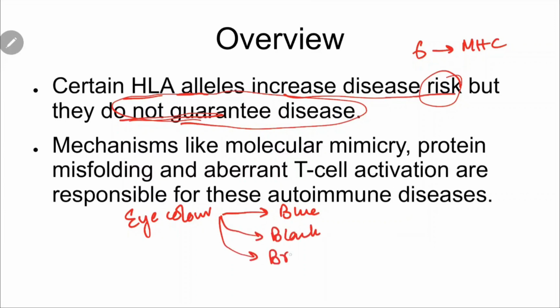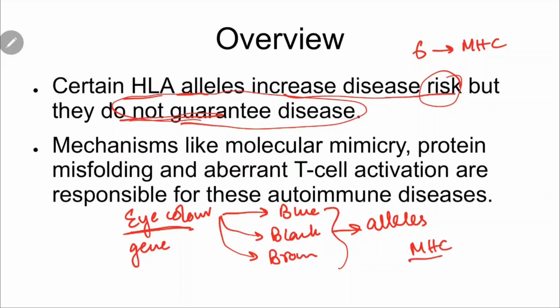So the easiest way to understand genes and alleles is that the gene is going to be your eye color that you are certainly going to have, but what kind of eye color, that's going to be determined by your alleles. In the same manner, your MHC is going to be your gene, but the type of MHC that you are going to get, the type of HLA that you are going to get, that is going to be your allele. That's going to determine it, right?